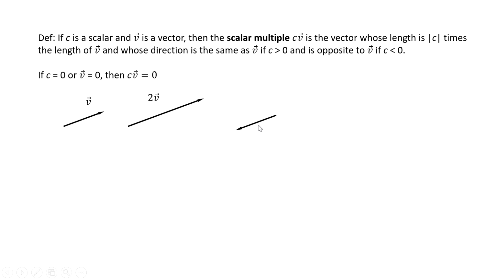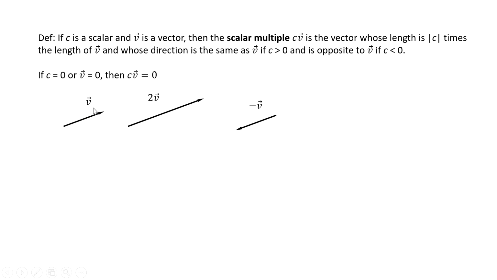What's up with this one though? Is its magnitude the same as the magnitude of V? Yep, it is. But what is its direction then? Oh, it's exactly the opposite of V. So what should we call this vector? It's negative V. That's the idea. Or in other words, is negative V a scalar multiple of V?